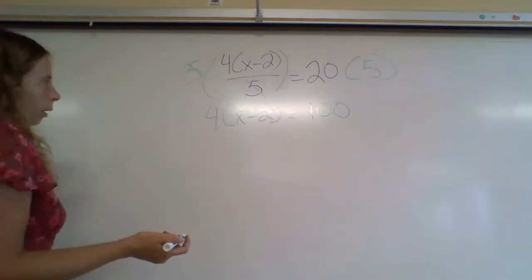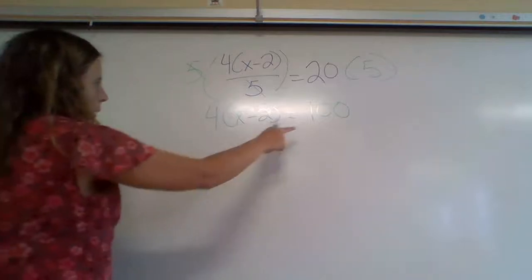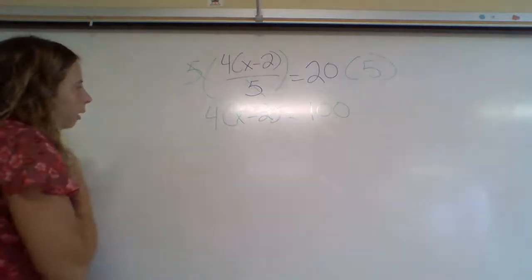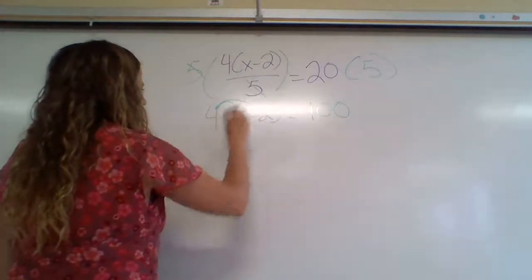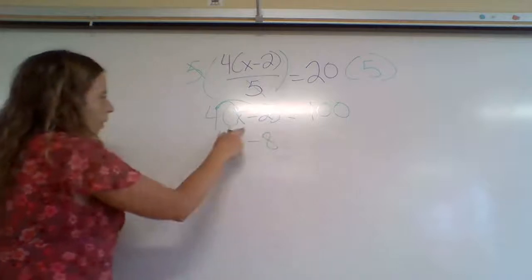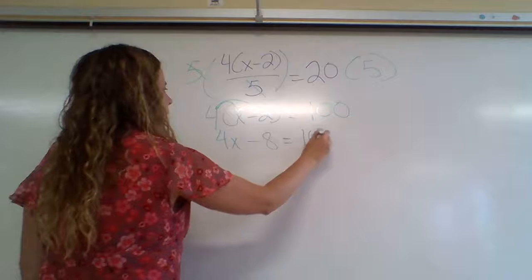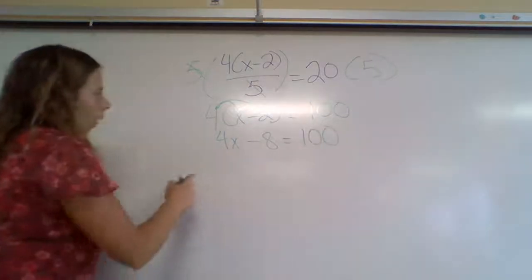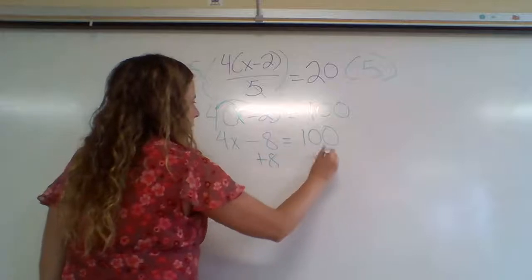Now, you can either divide by 4 on both sides, or you can distribute. I'm going to distribute. So then you get 4x minus 8, because 4 times x is 4x, 4 times negative 2 is negative 8. It's 100. And now we're in familiar territory, so I'm going to add 8 to the other side.